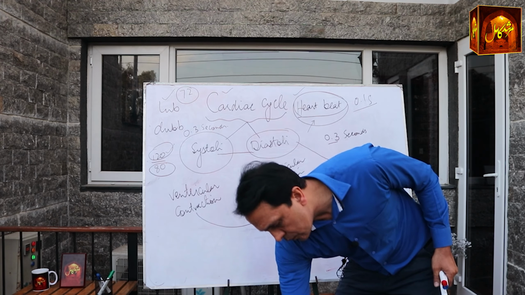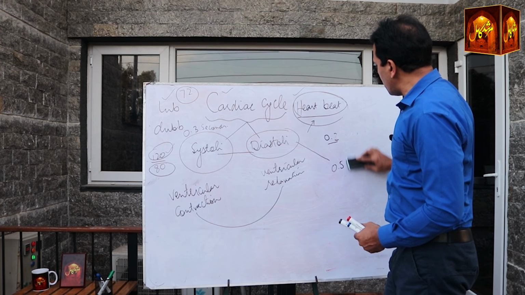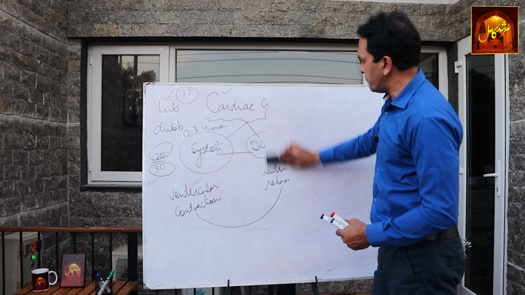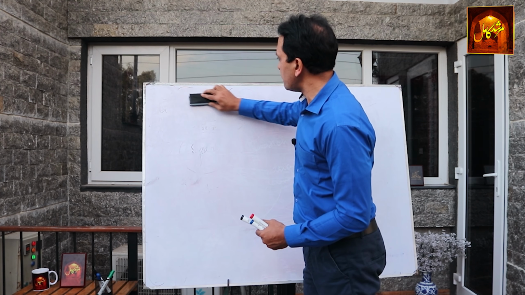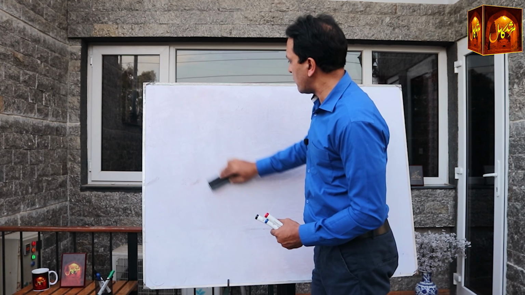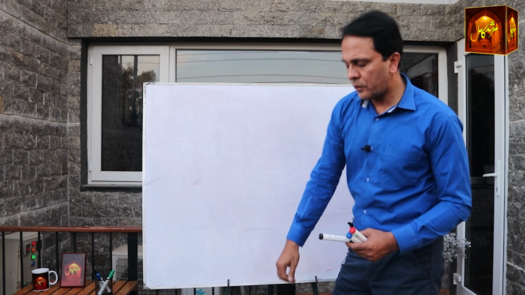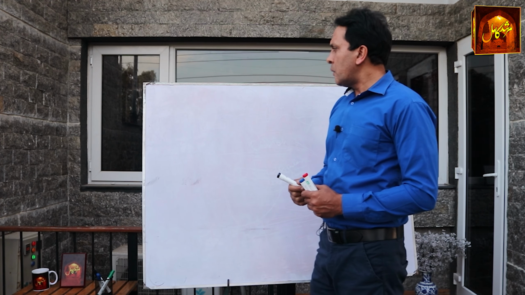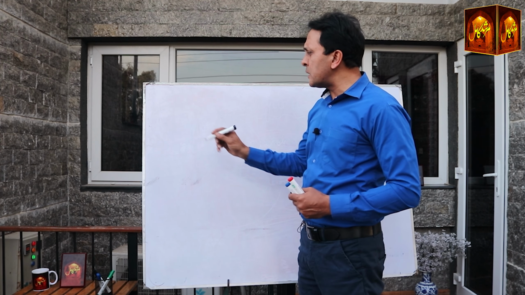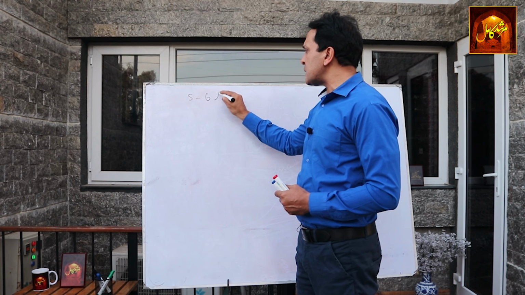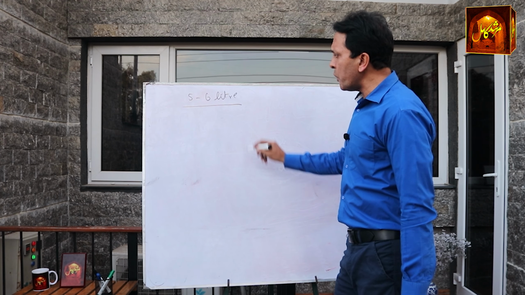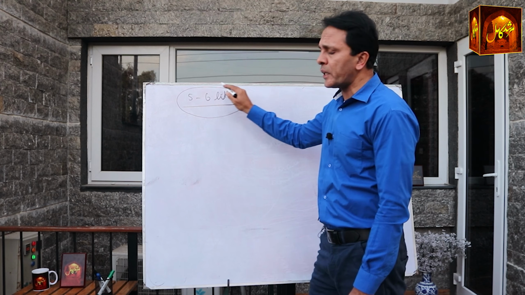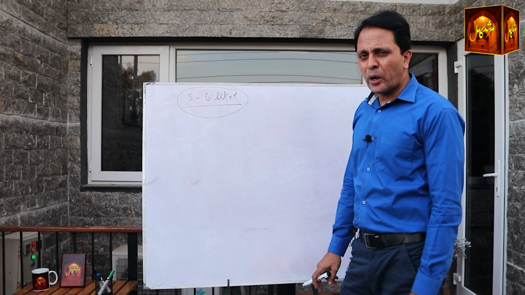Okay. Let me tell you further what happens in detail. Normal human beings contain 5 to 6 liters of blood in their bodies. When we have 5 to 6 liters of blood in our body, what do you think?